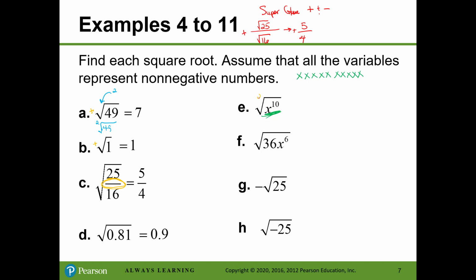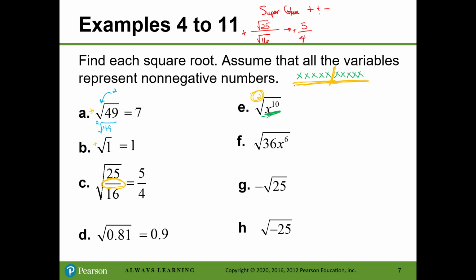Yes, I'm dealing with a square root, which means you're looking for two of a kind, aren't you? I am looking to take these 10 x's and cut them into 2 pieces. And I need the exact same amount in each piece, which means you would have how many x's in each piece? Pardon me, 5 of them.